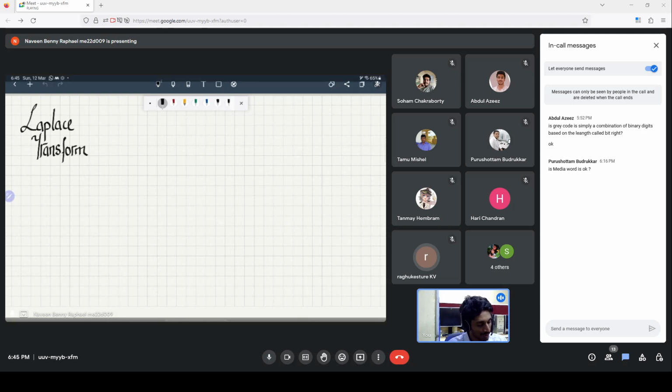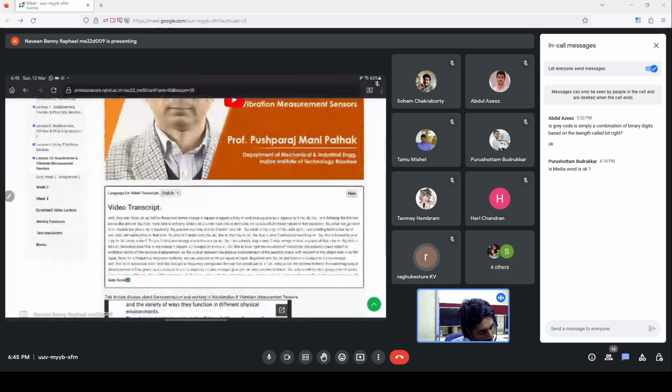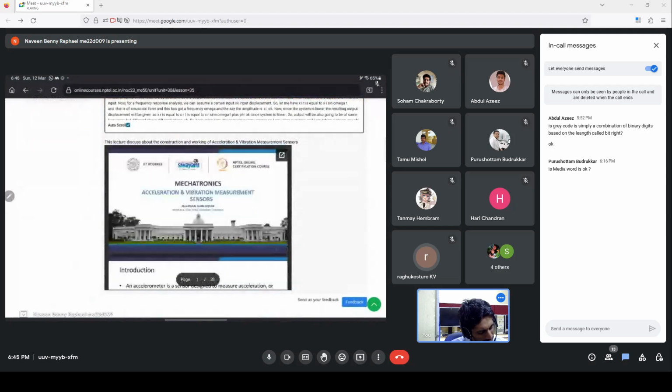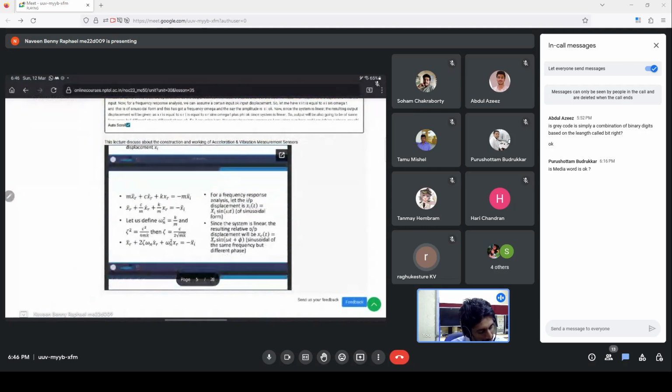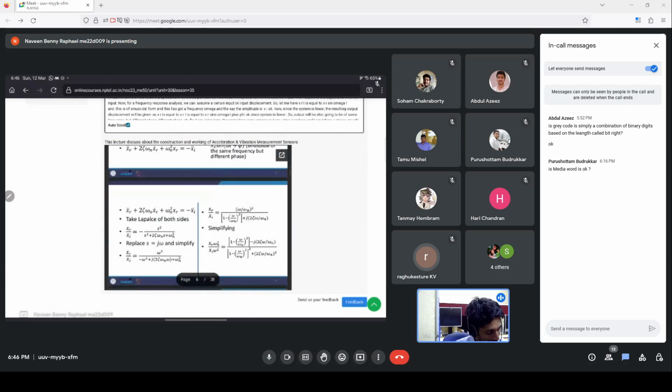I only talked about this because we essentially solve these equations using the Laplace transform. If there are any questions regarding the solution, I could elaborate, but we do not have time at the moment to go through the entire thing.